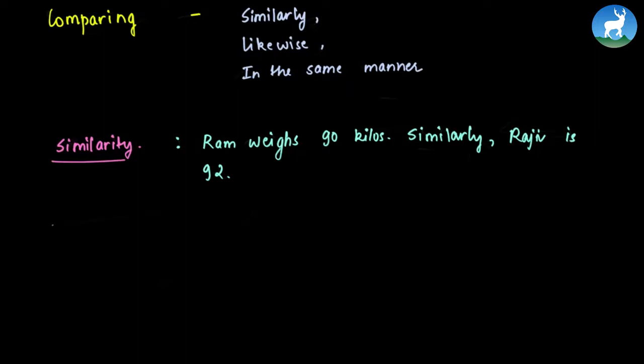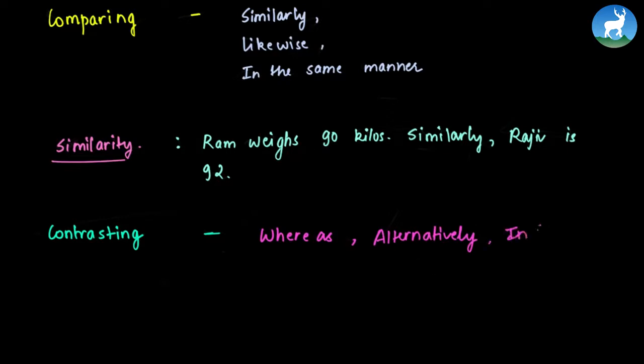And we have the contrasting connective. This is pretty similar to the comparing connective. However, in the comparing connective, we compare ideas that are similar. In the contrasting connective, we compare ideas that show some difference. The words that we use to show contrast in a sentence are whereas, alternatively, in contrast, or we can also use unlike.